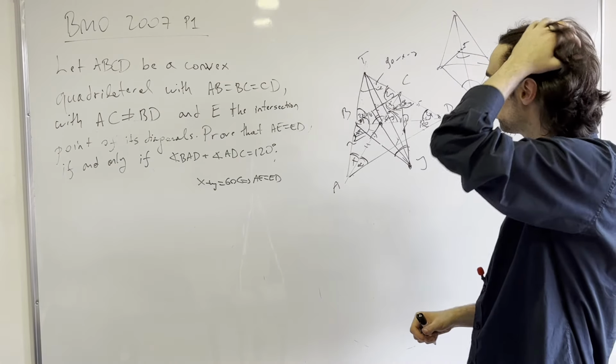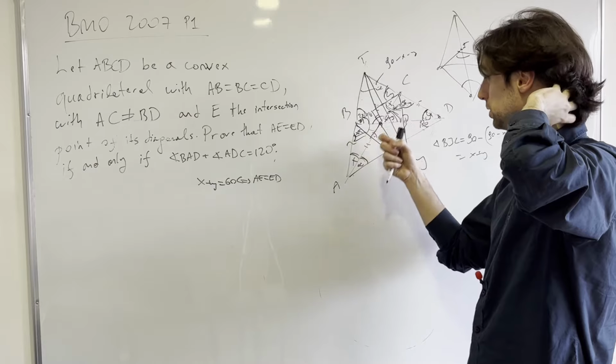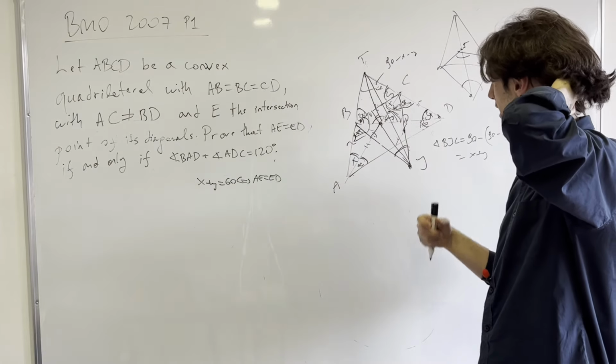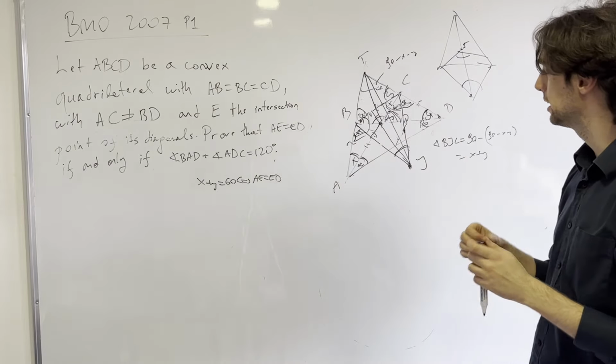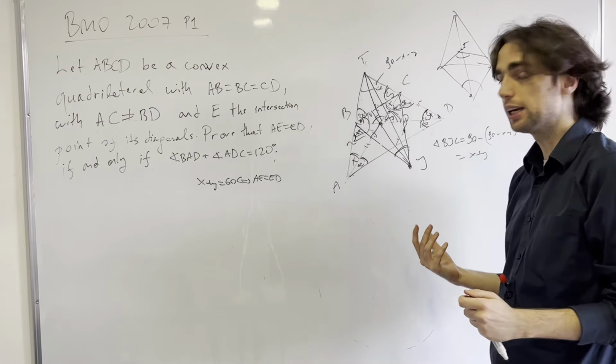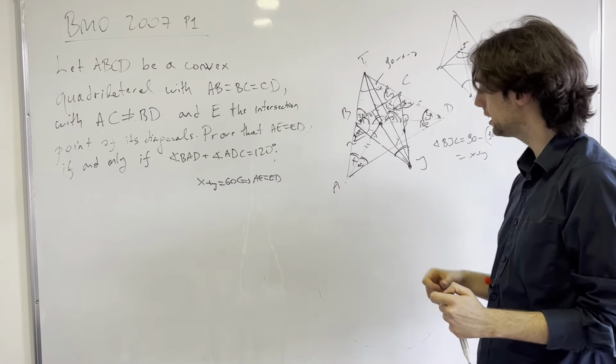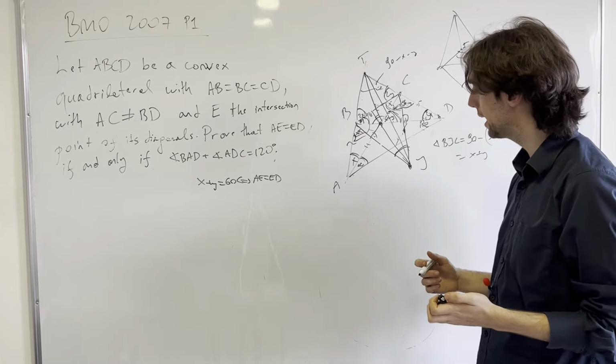Now, is there any way to connect the fact that this orthocenter is equidistant from these 2 points? Are A and D in any way interesting for this J? Do we have that angle?